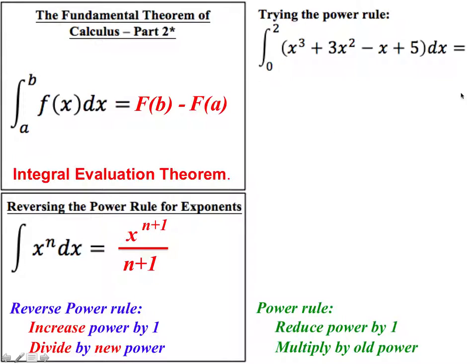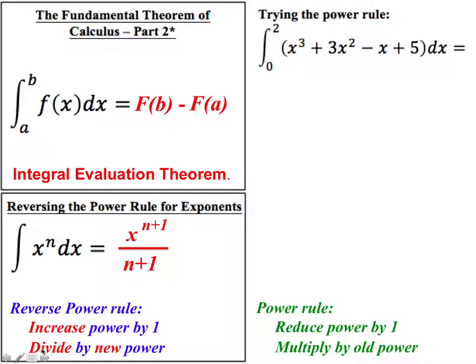So let's try that reversal on this expression. I want to integrate the polynomial x cubed plus 3x squared minus x plus 5, and I want to evaluate it between 0 and 2. Let's start with the first term, x cubed.